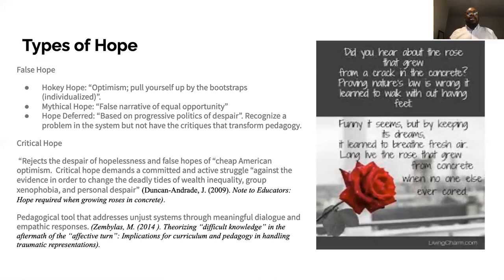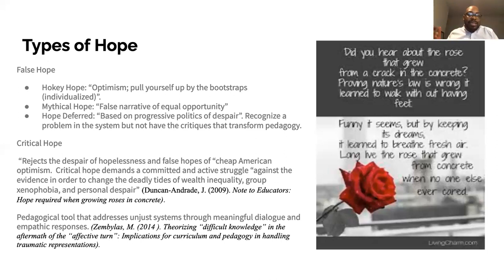Which is the idea that critical hope rejects the idea that America is based on a meritocracy, and also puts autonomy in the hands of the individuals who are marginalized, meaning that it's not pull yourself up by the bootstraps, it's that through your own critical engagement, you can find ways to break and bend the system for your success, right?